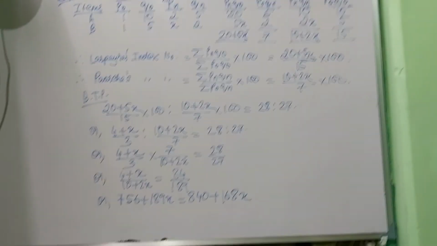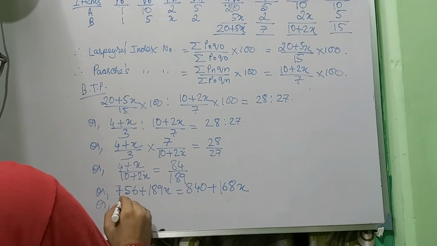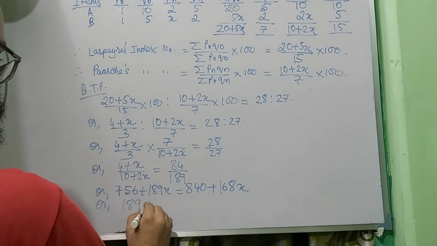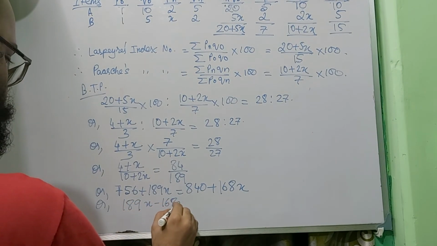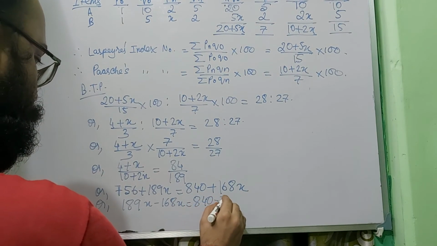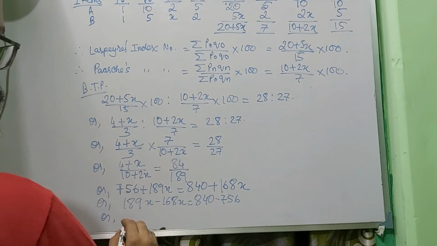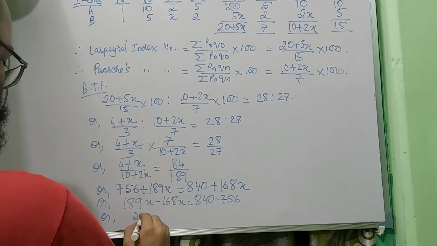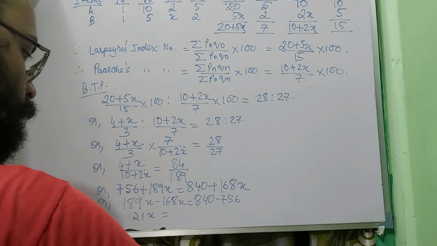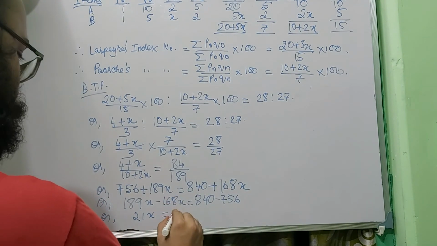Okay. So, 189x minus 168x is equal to 840 minus 756. So 21x is equal to 840 minus 756, it is 84.